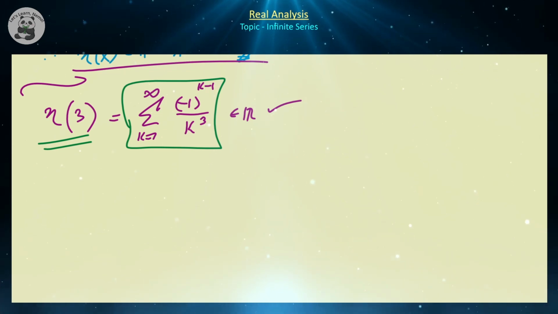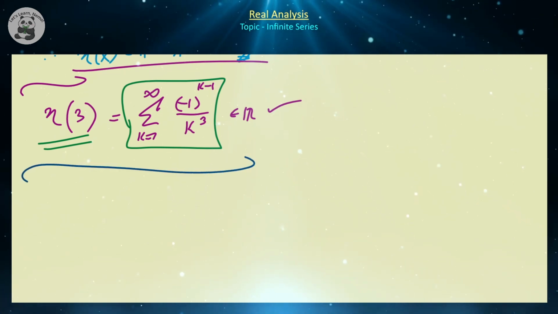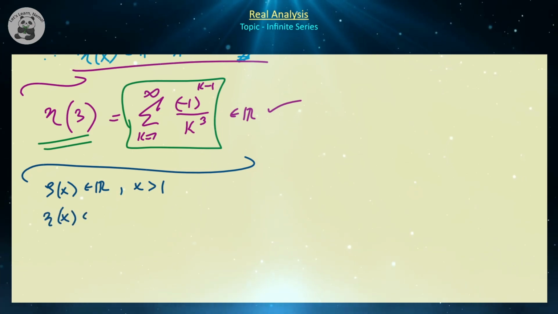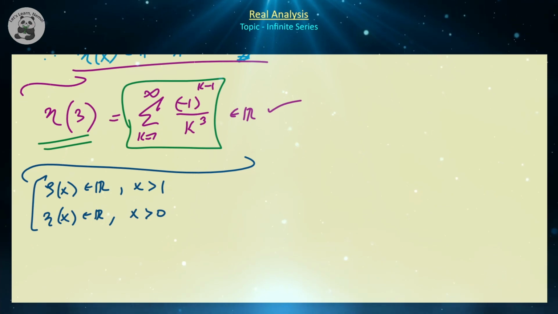So we have shown, at least for these two functions, that zeta of x is a real number as long as x is bigger than 1, and that the Dirichlet eta function is a real number as long as x is greater than 0. So it's at least defined on these intervals. Here's a nice little question for you to explore, especially if you know about continuity.